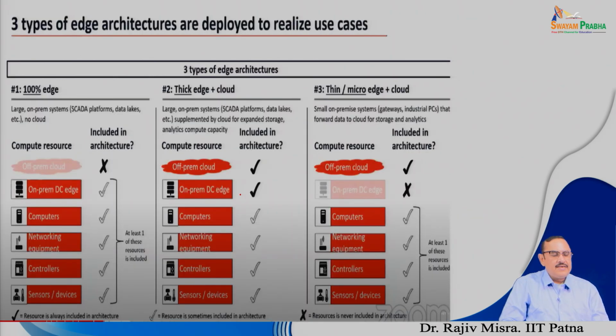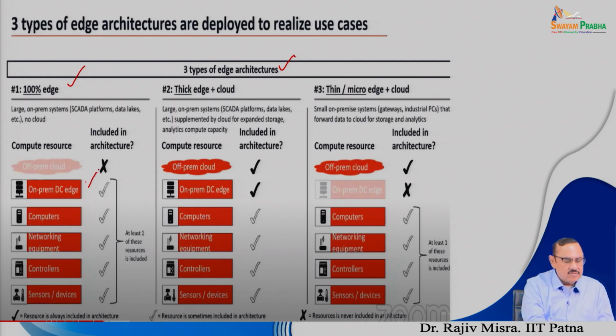Now, these three different types of edge architecture are deployed to realize different use cases. If you are not using the cloud, that is, you are using on premise data centers, your computer, network equipment or controller, meaning any of the edge but not the cloud, then it is called 100% edge computing.